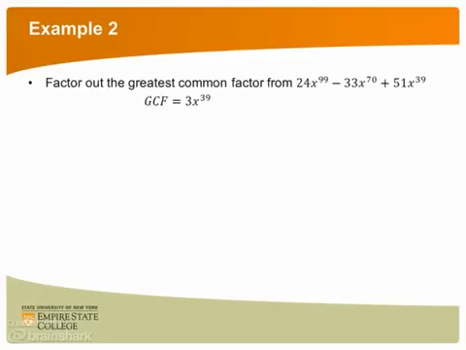All the terms have x's, so the variable part is the smallest power we actually see. So the entire greatest common factor is 3x to the 39th power. We put that GCF in front of an open parentheses. Now we go term by term to complete the factoring.